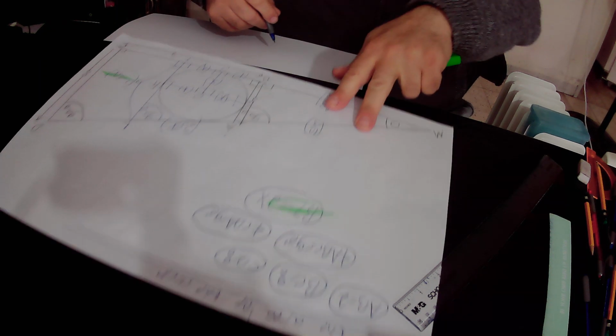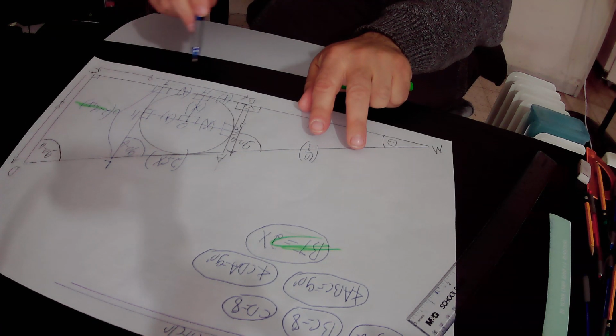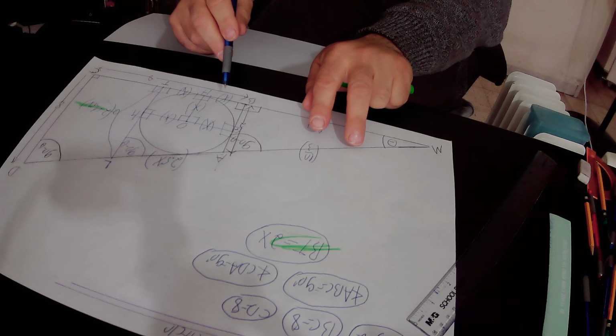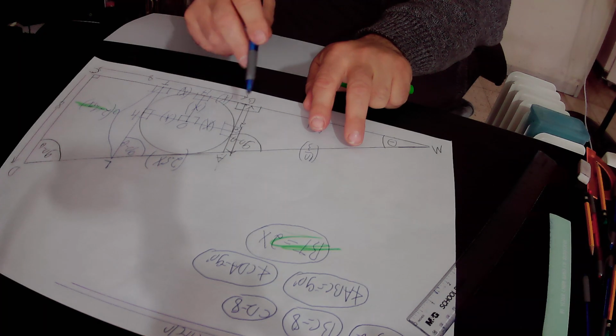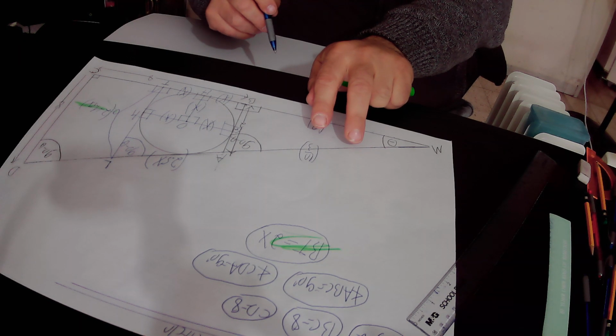In the next step, I will copy this small quadrilateral ALBT with the circle that is inscribed inside it, and we'll implement in this drawing, the new drawing, rule 2.